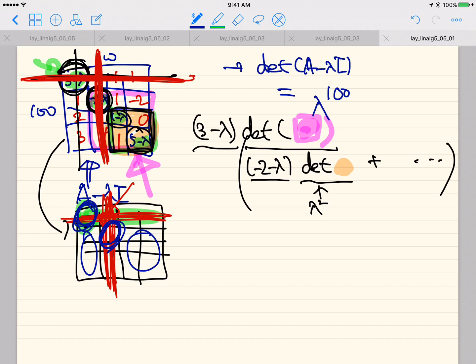So in that case, the determinant of these parts will be just lambda to the power of 2. So that will be your maximum degree. And this value that we initially chose doesn't have any lambda, because we chose an off-diagonal entry, right?